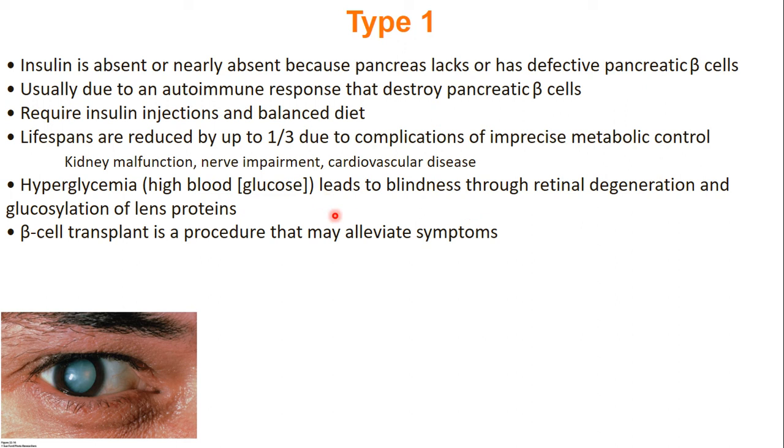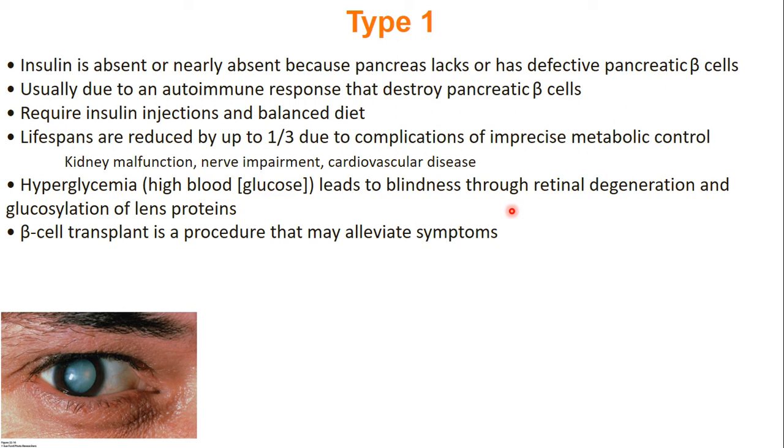That's where you can get blindness through your retinal degeneration, and also glycosylation of lens proteins. So we talked about glycosylation in Biochem 1. Those are proteins that have sugars attached to them. So with a high blood glucose level, you can have accidental glycosylation.